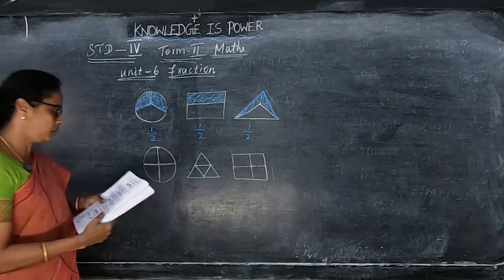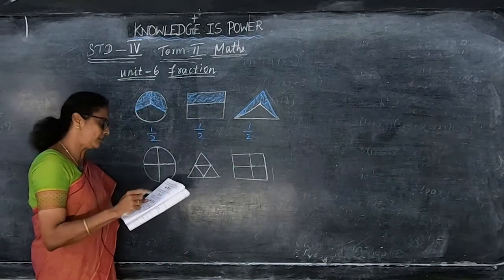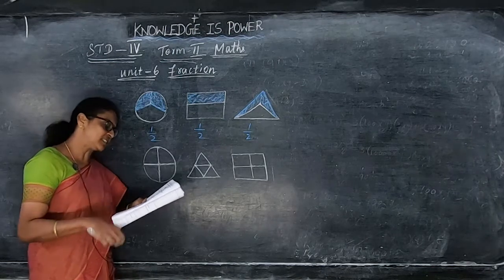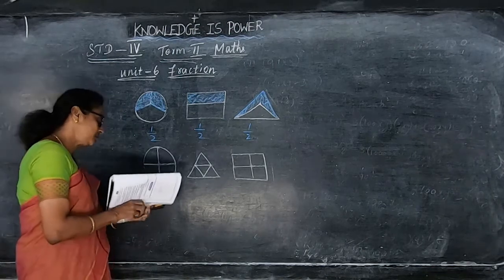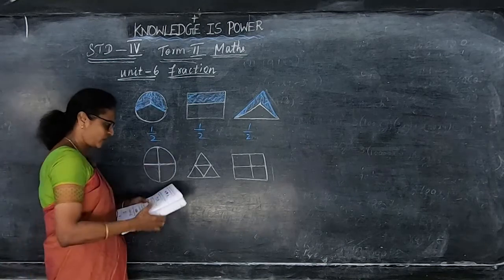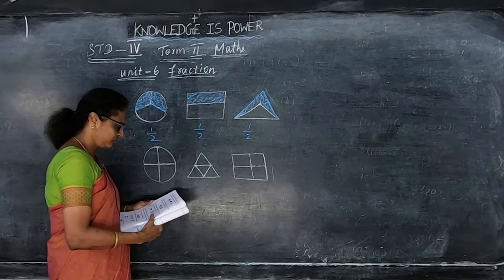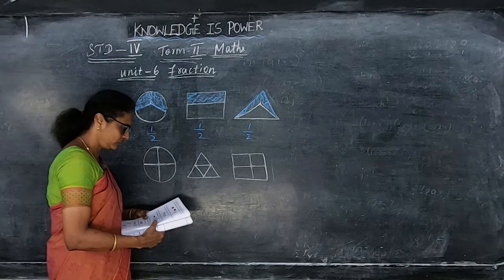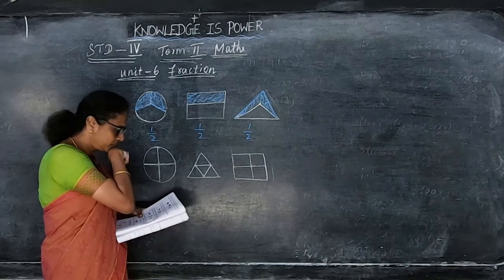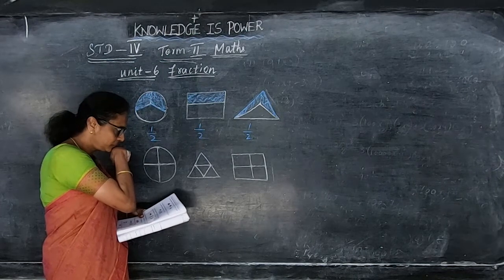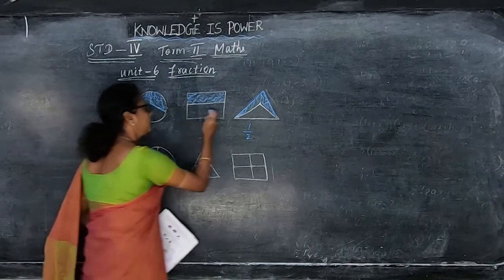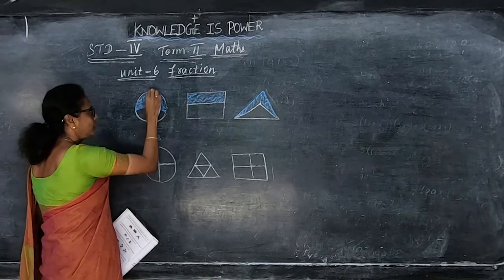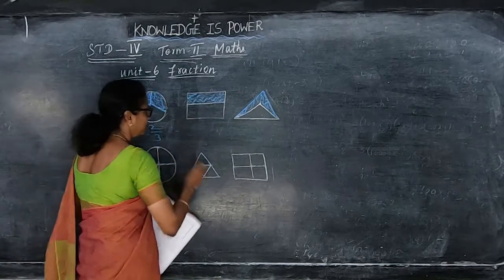So here the whole portion was divided into 3 equal parts. In the 2 parts are shaded. The shaded parts of the fraction is the 2/3. That is 2/3. Sorry, this is not 1 by 2. This is 2/3. 1, 2, 3. Okay.